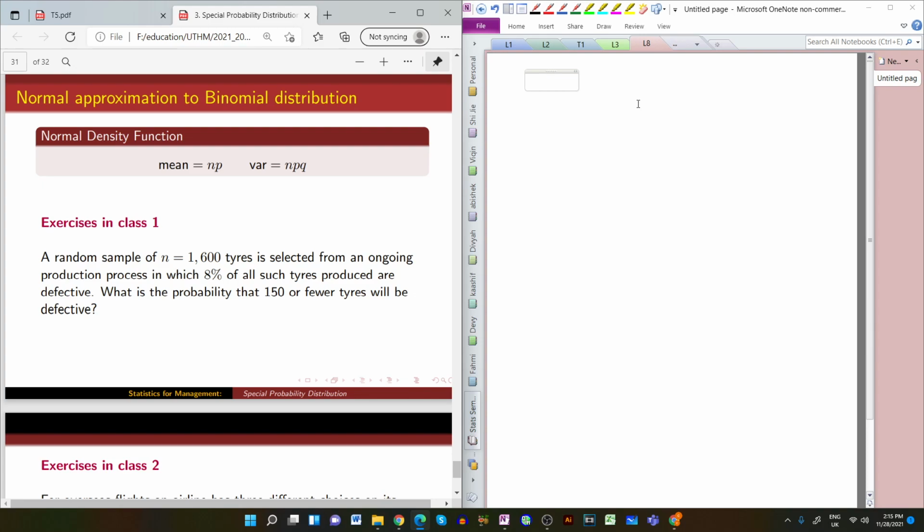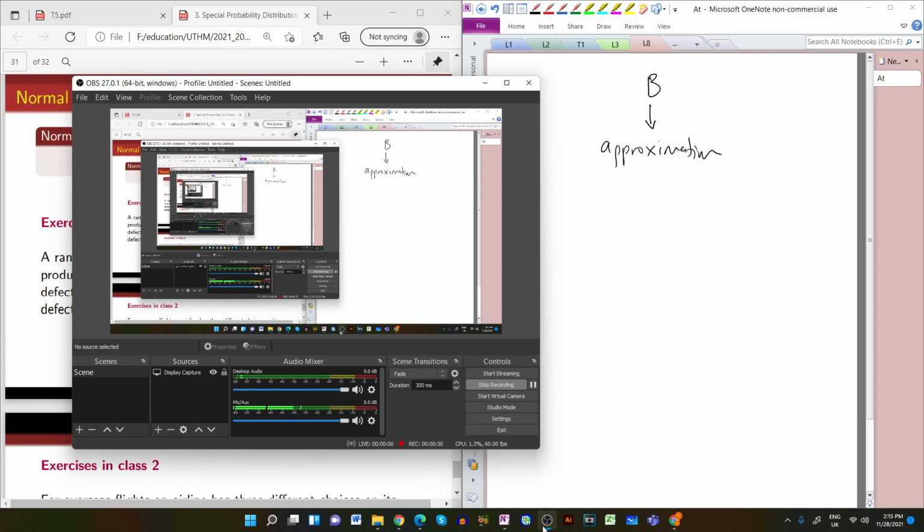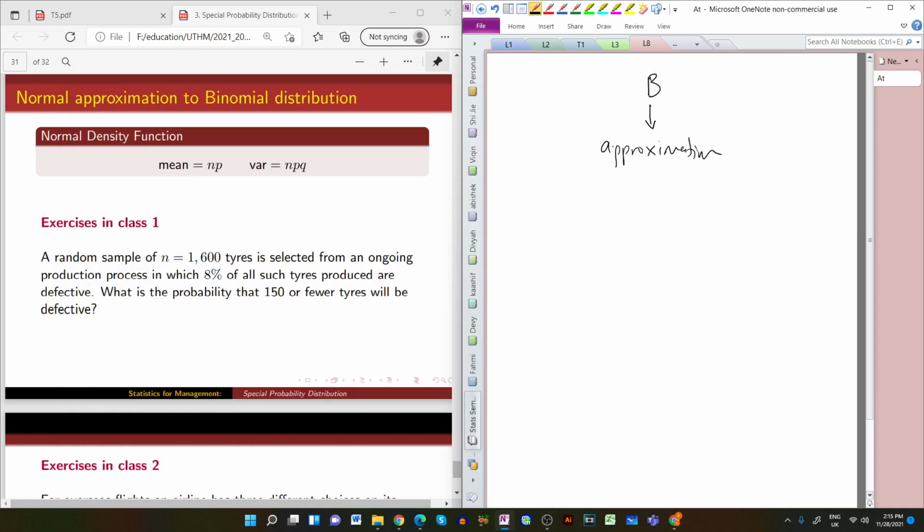So as you all know, we have seen that binomial, if it wants to go through approximation, we have seen that the approximation can be done by Poisson.